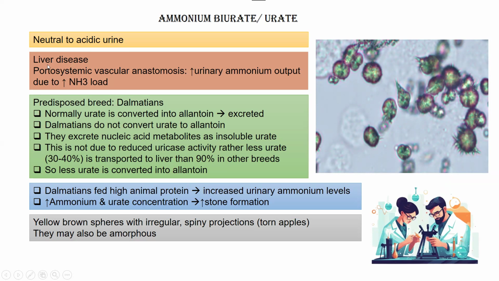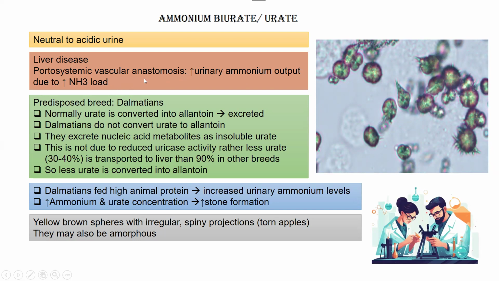The indications for these crystals to form is number one, liver disease. Basically, all those animals with any liver disease or portosystemic vascular anastomosis, I hope you know what this is. In such conditions, there is increased urinary ammonium output due to increased ammonia load.